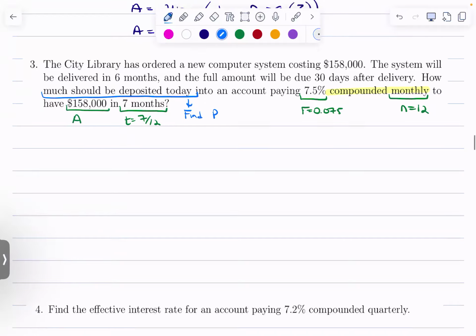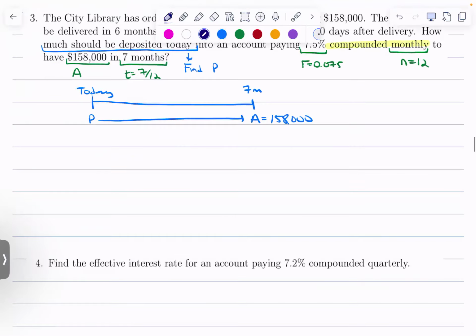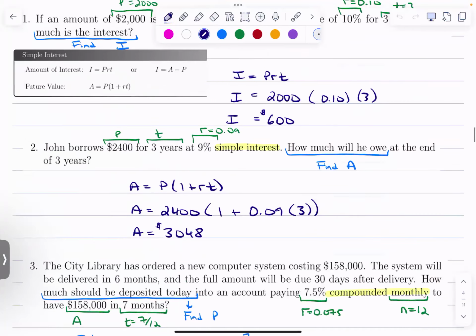If you wanted to draw this out, it would look like this, right? Today, we're going to deposit some P and after 7 months it's going to grow to some A equal to 158,000. You don't have to draw that. Totally optional, but just if you wanted to visualize it. I don't usually draw those simple ones. It's those bigger ones that I draw.